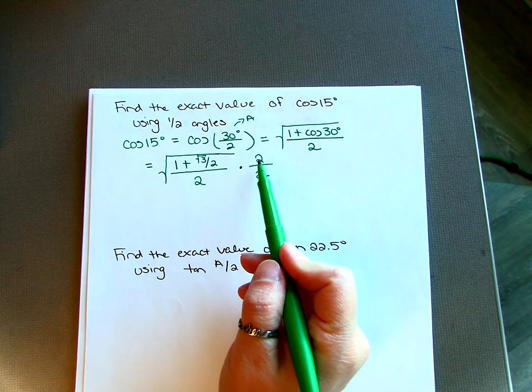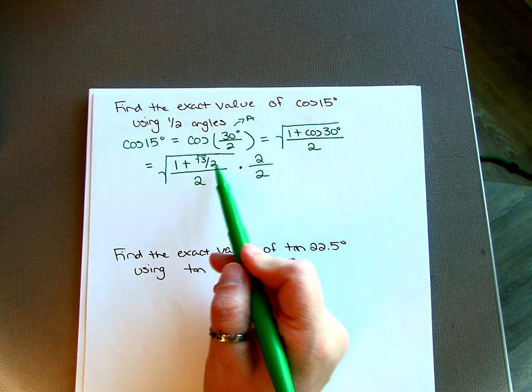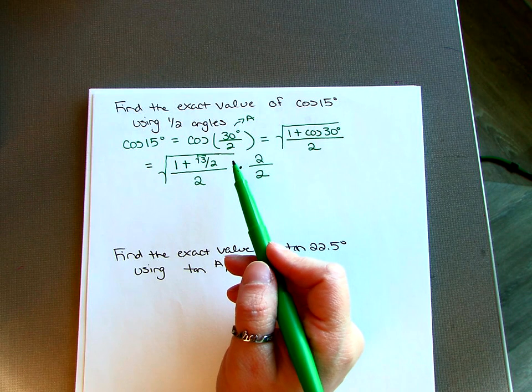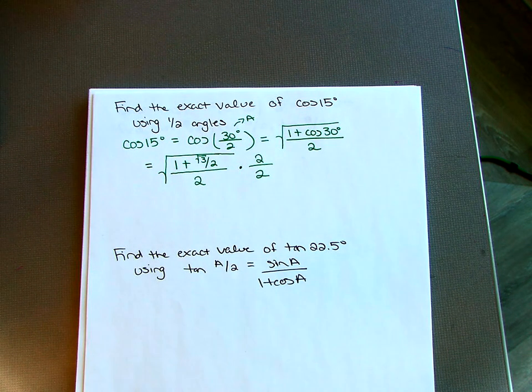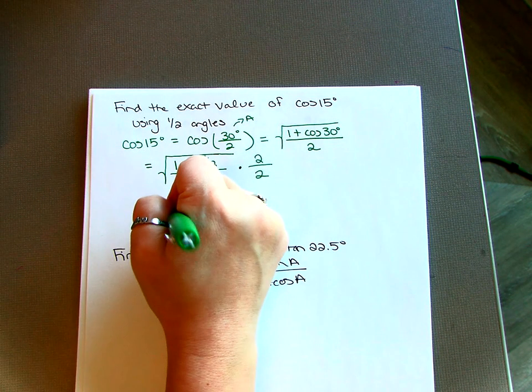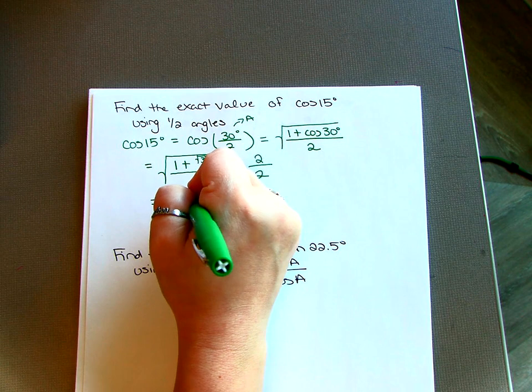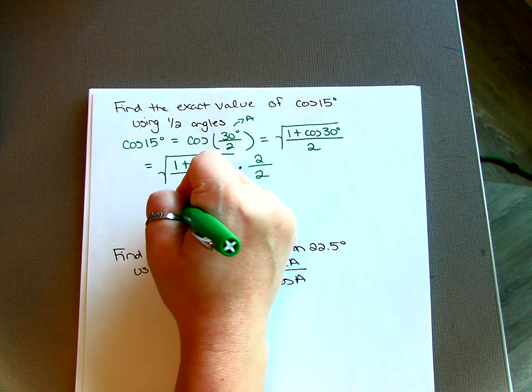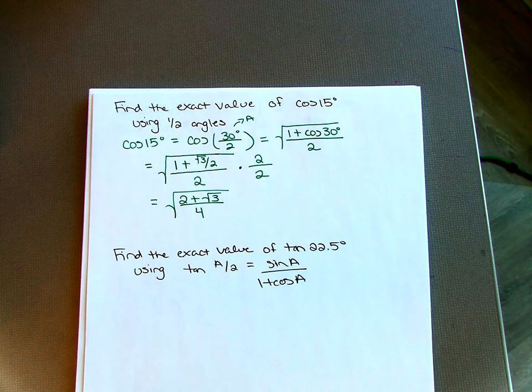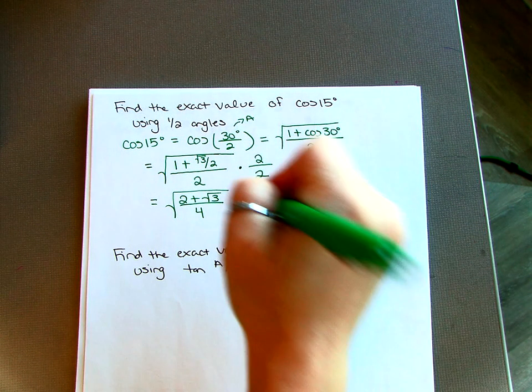Because if I multiply radical 3 over 2 by 2, that's going to get rid of that denominator and simplify that out a bit for me. 2 plus radical 3 all over 4. And the nice thing about multiplying by that 2 is I actually then get a perfect square in my denominator. So instead of having to rationalize my denominator, I can just simply simplify my denominator because the square root of 4 is 2.